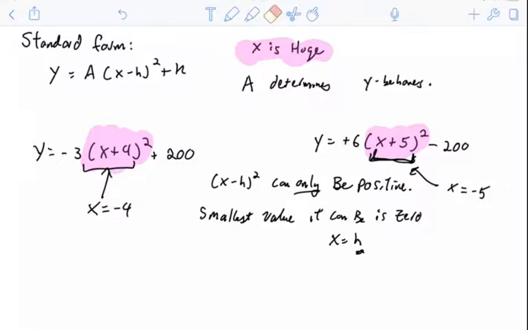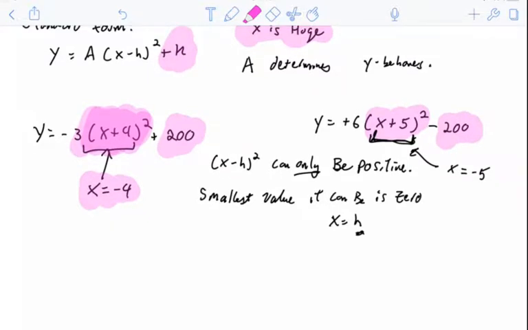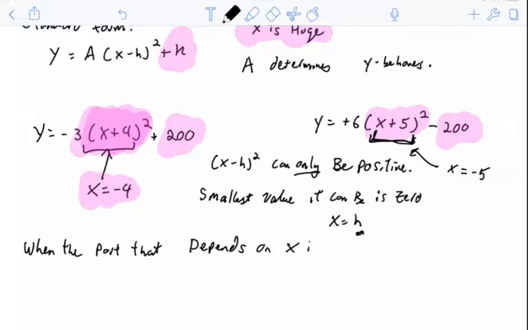Now, here's the fun part. When the part that depends on x is its smallest, all that's left behind is this number back here.